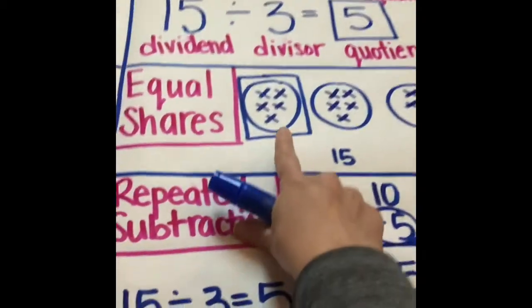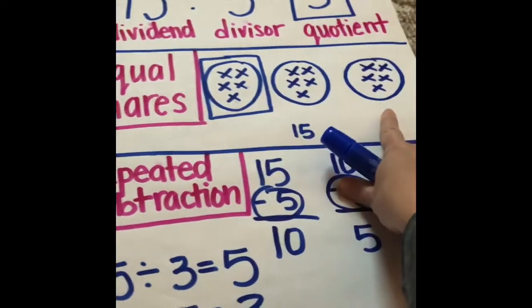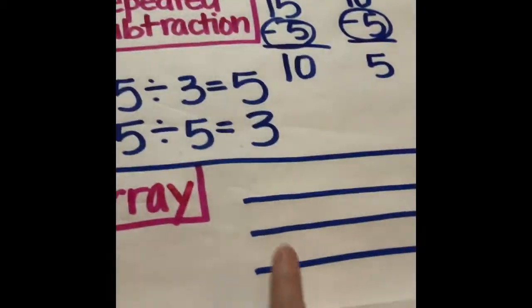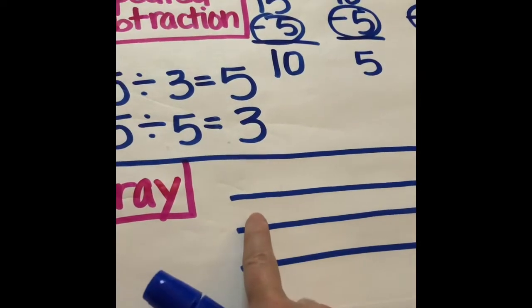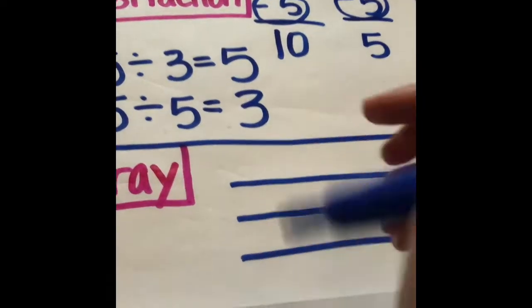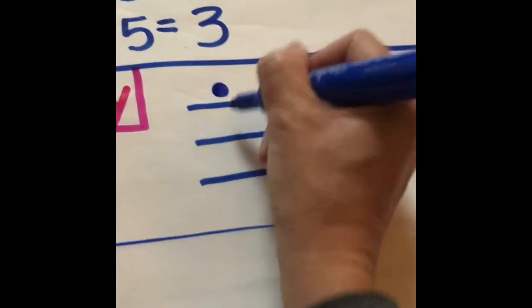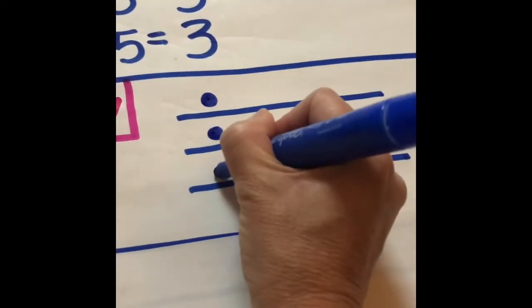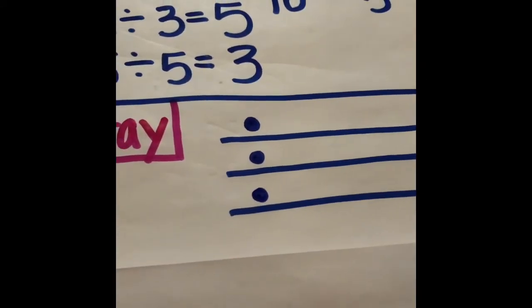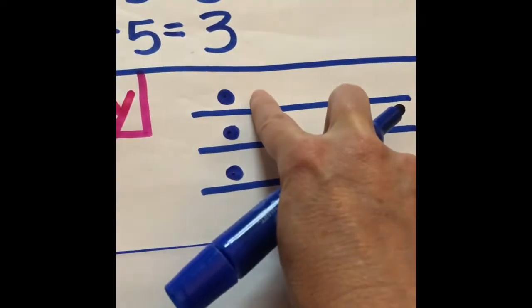So it's a little bit like the you get one, you get one, you get one strategy, but this time I'm going to be playing that game and putting them into their rows. So I'm going to do 1, 2, 3. So each row got 1, and I've used all the rows, so that means I'm going to go back up here and I'm going to keep going.